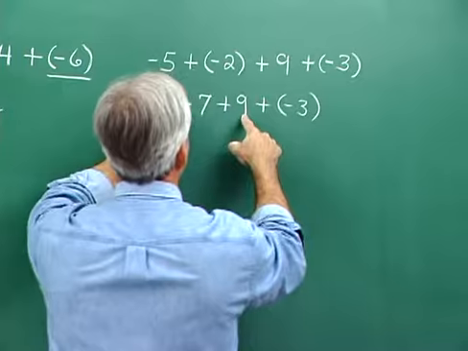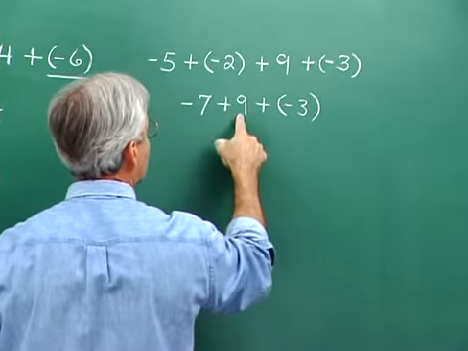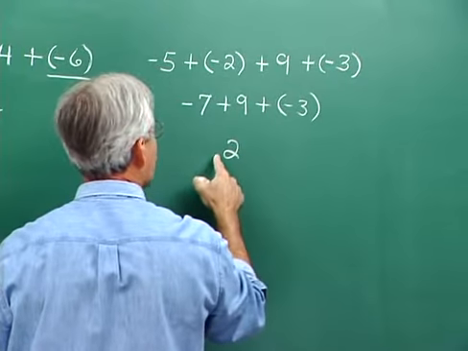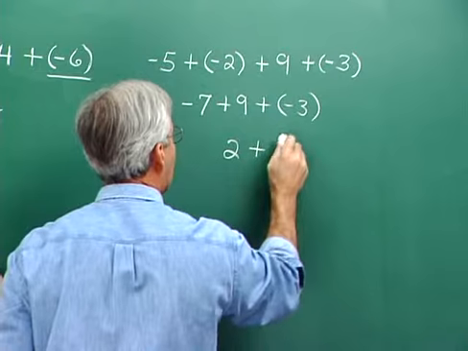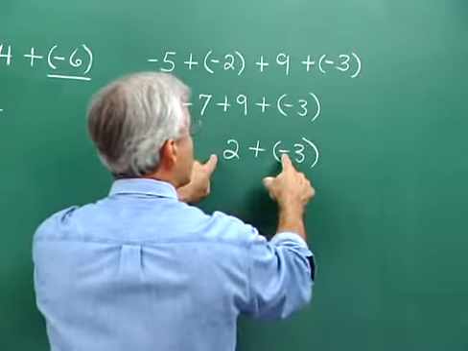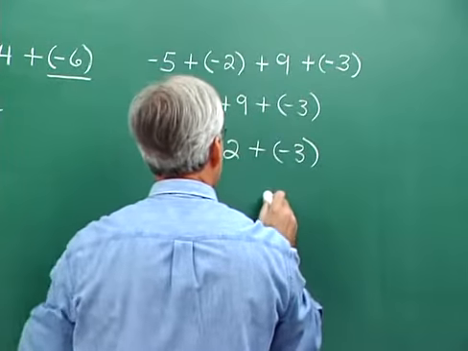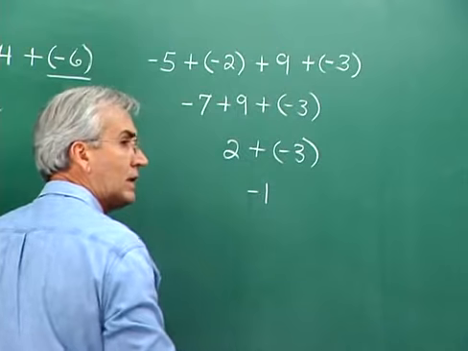Signs are different, subtract. 7 from 9 is 2, and attach the sign of the larger one. It's understood to be positive, and this 2 is understood to be plus as well. So now I'll bring down the plus negative 3. Aha, we have different signs. So we take the difference, 2 from 3 gives 1, and the sign of the larger digit is negative, so negative 1 is the answer.